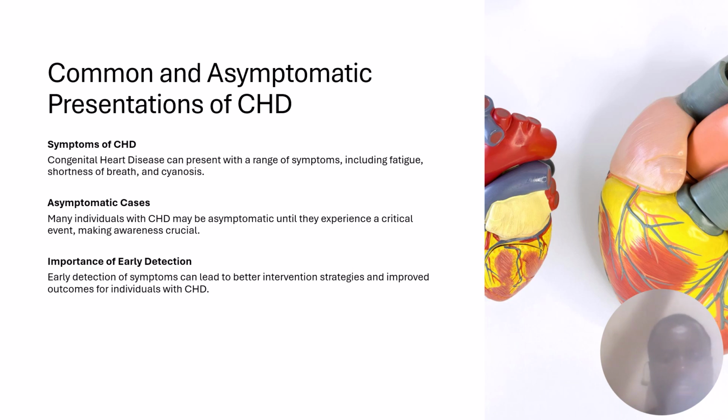If it's children, you will be able to see that they are not playing with their friends, or they will play but they will not catch up with the activities of their colleagues. They will be resting more than their colleagues. They will present with shortness of breath, sometimes even cyanosis.